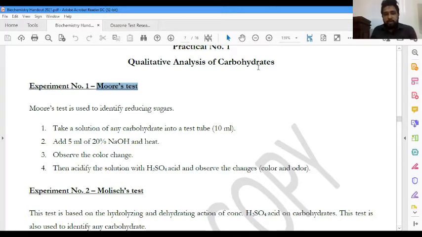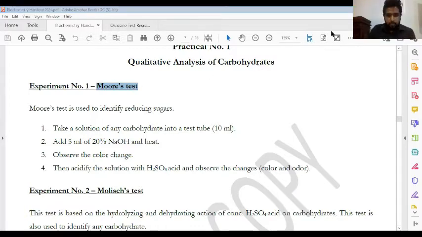That is, when we add concentrated bases or alkali to reducing sugars, that will form enolic substances, and these enolic substances are quite unstable.